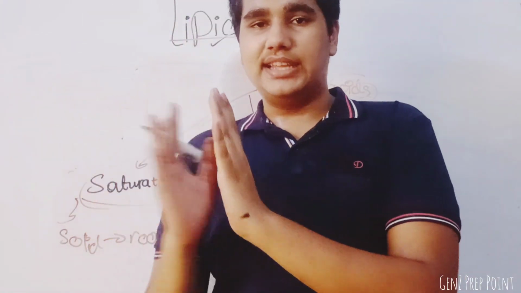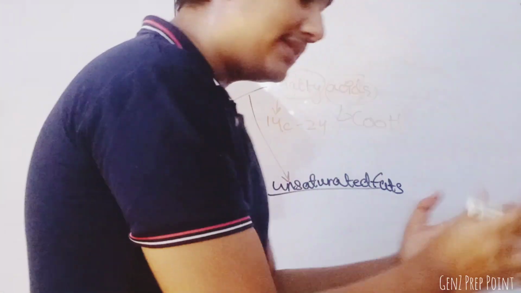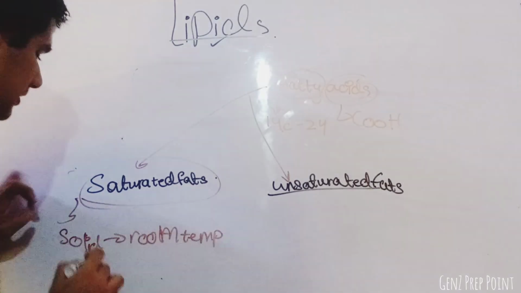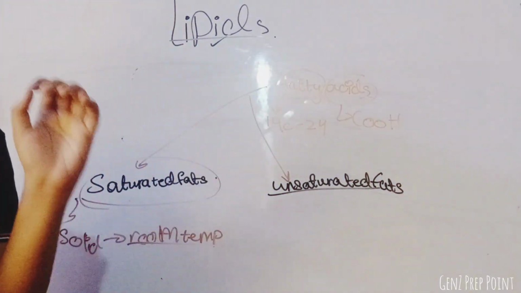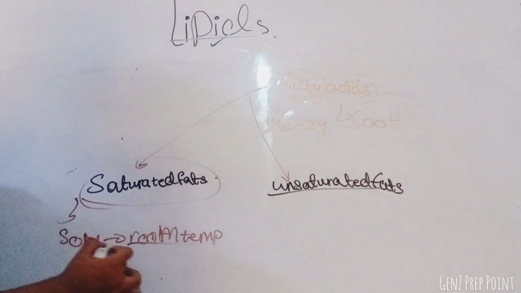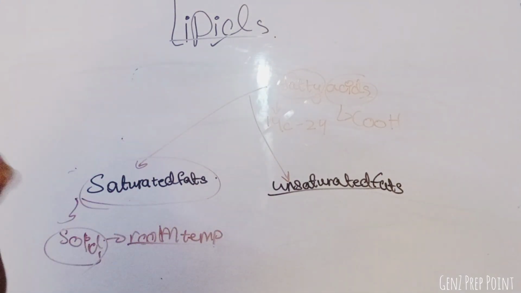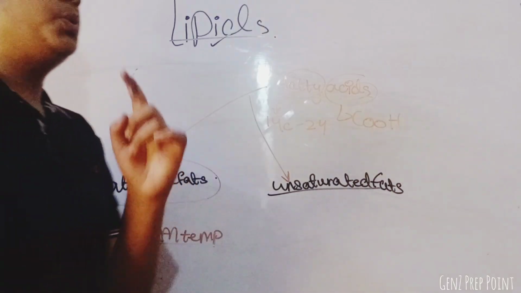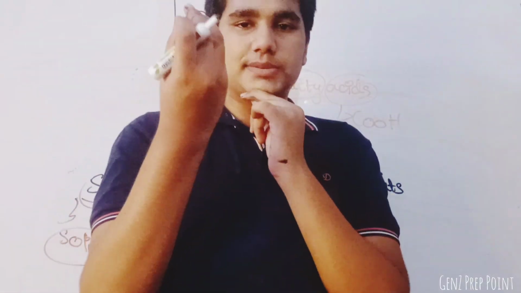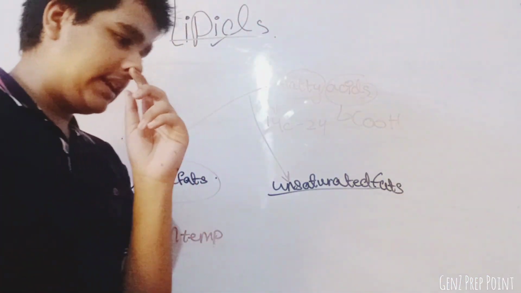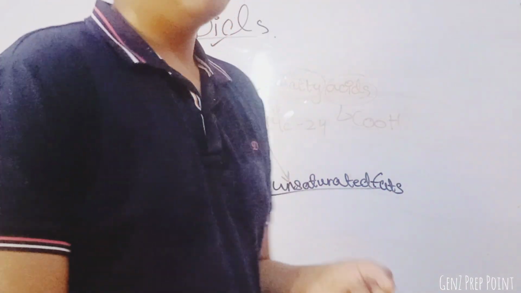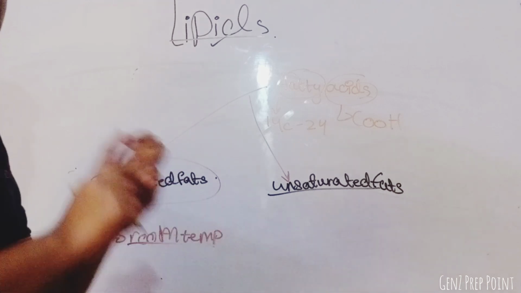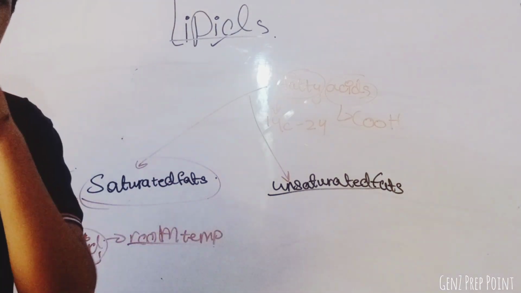If any substance that contains fat stays solid at room temperature, which is 28, 29, 30, 31, 32 Celsius, it remains solid, it is known as saturated fats. Now, take a small chunk of butter, place it on the kitchen shelf, and leave it there. If it melts, it is unsaturated fats. If it doesn't melt, it is saturated fats.